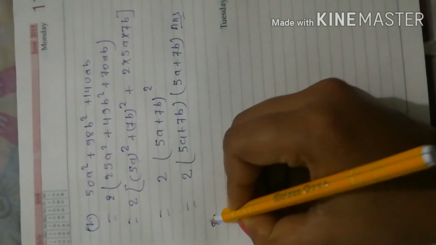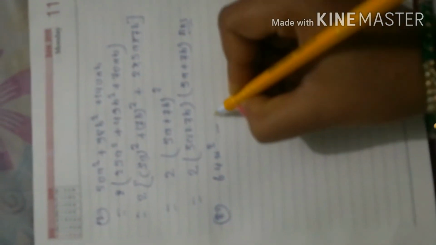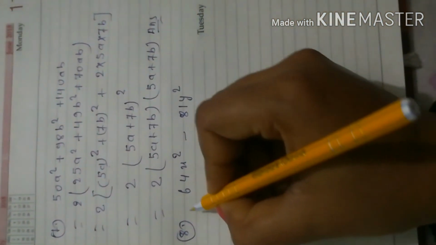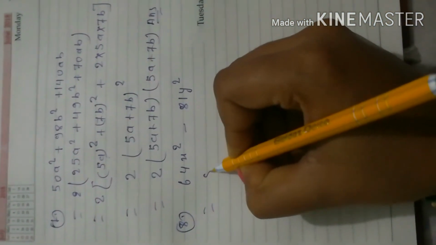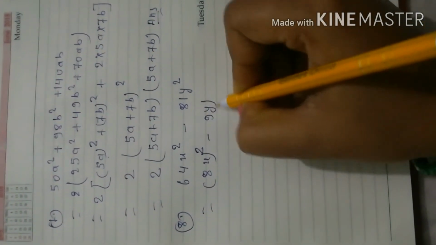Now we will do question number 8. 64x square minus 81y square. See, 64 we can write (8x) square minus (9y) square.